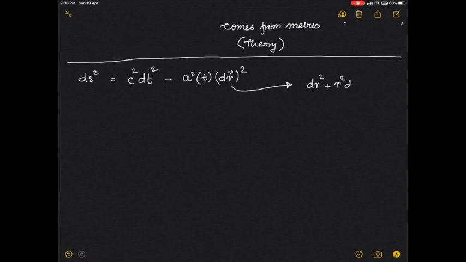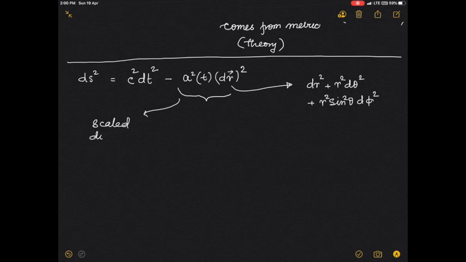So this, when I write this as vector r, this is nothing but dr square plus r square d theta square plus r square sine square theta d phi square. Okay. This entire thing is the scaled distance. Right?